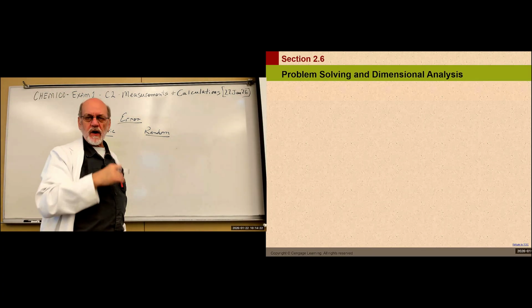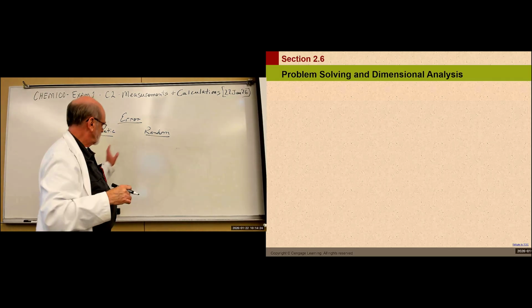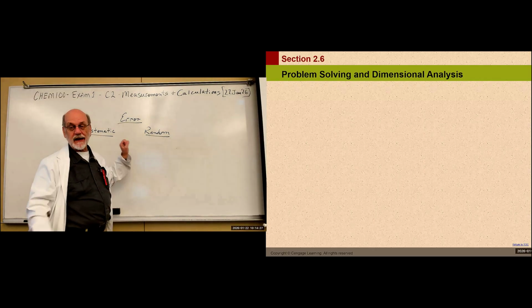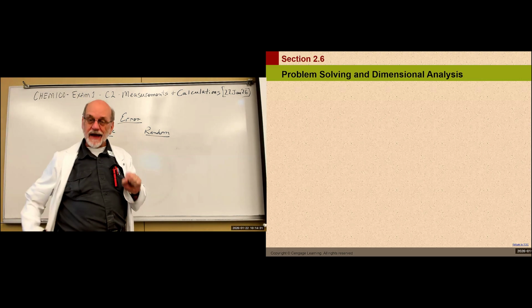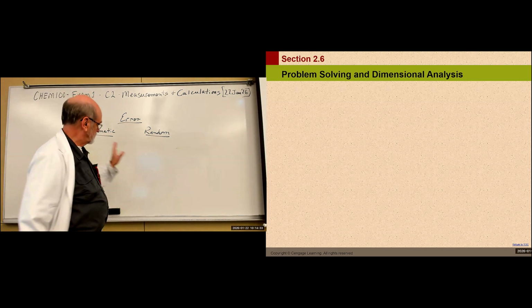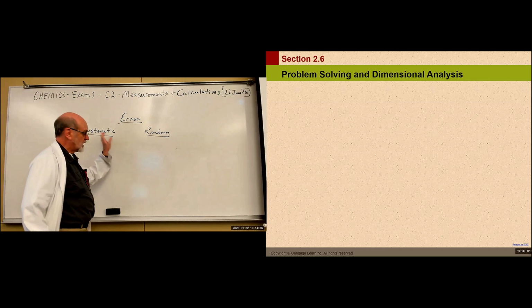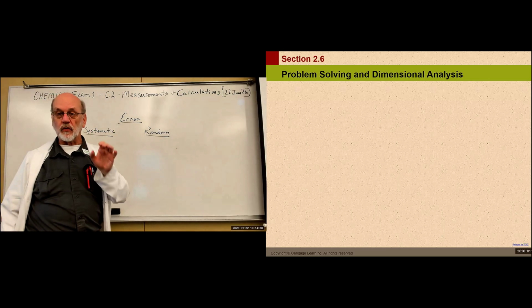If you fire it at the target, it hits off target, same place every time, or almost the same place every time. That's the same error each time. Systematic error can be controlled.